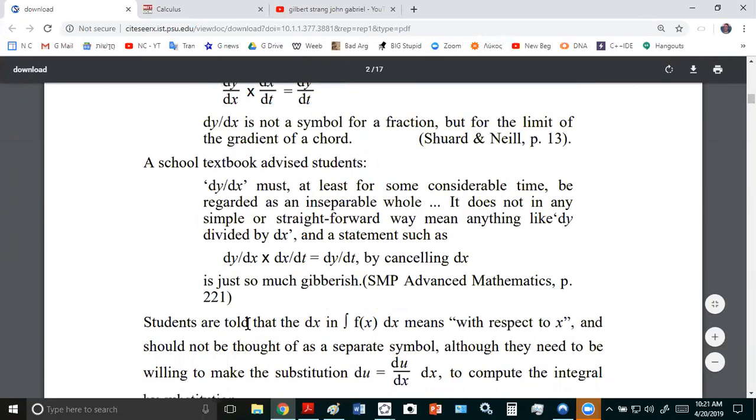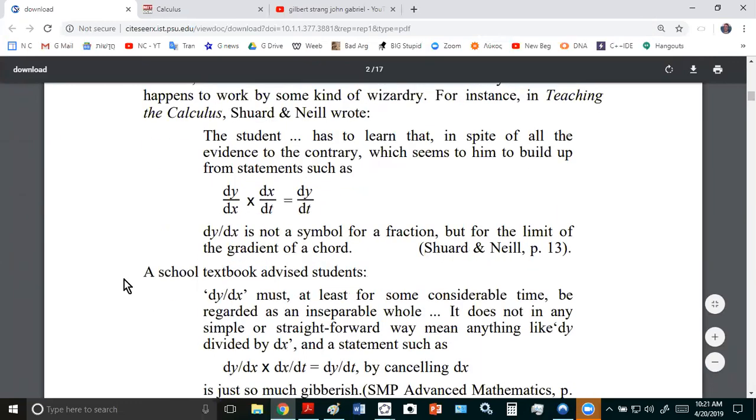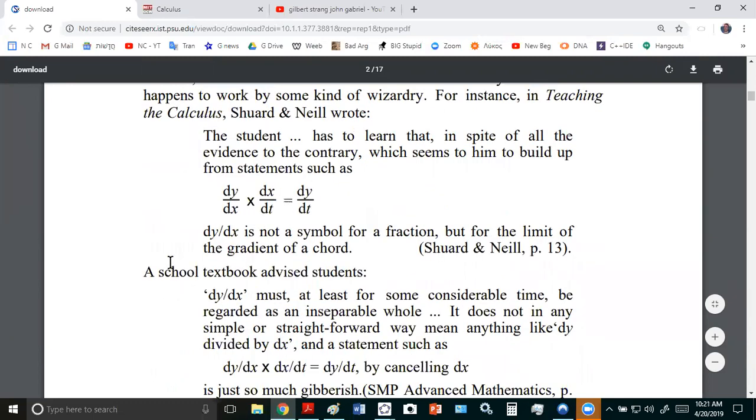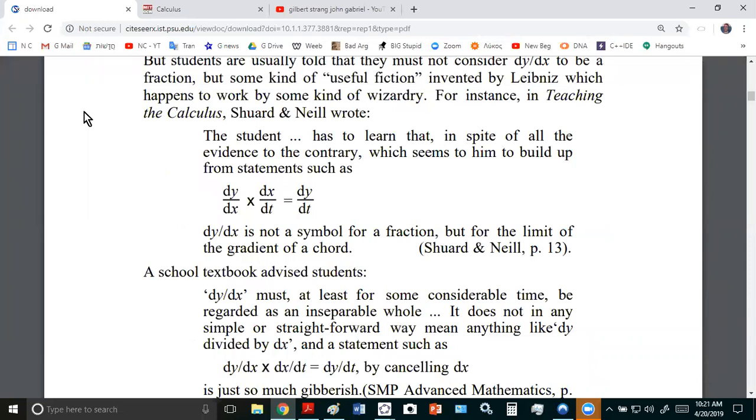I don't have the book now. It's a piece of junk, and I wouldn't buy it if I were you. It was written by Sheward and Neal. Before I read this to you, let me first tell you a little about Sheward. She was the president of the MAA, the Mathematical Association of America, for approximately a year.